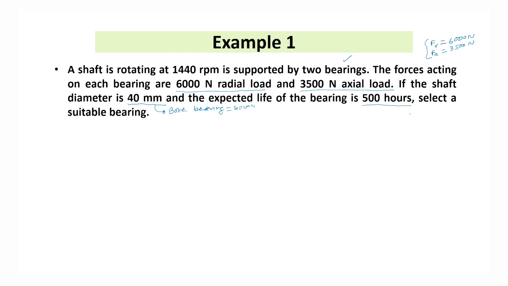Select a suitable bearing. Now, first of all, we will find the ratio of the axial load acting on the bearing and the radial load acting on the bearing. In our case, Fa upon Fr is equal to 3500 divided by 6000, and this is less than 0.7.